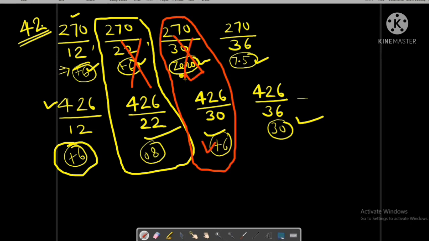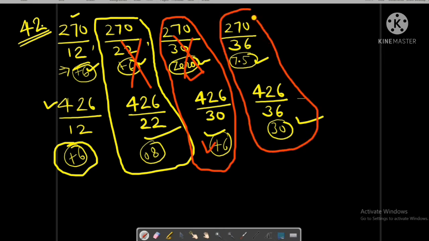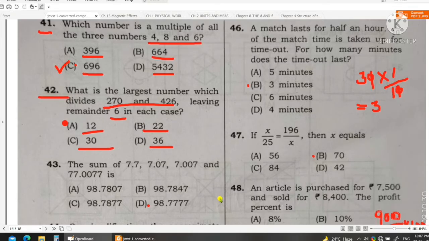Here you can see both are having different remainders, so of course this is not the correct answer. Here you can see in both numbers 270 and 426 the remainder is 6, so the number which divides is 12, so the answer is 12.